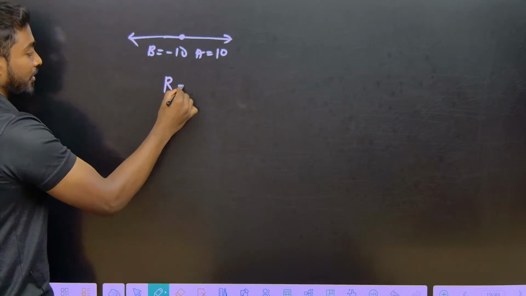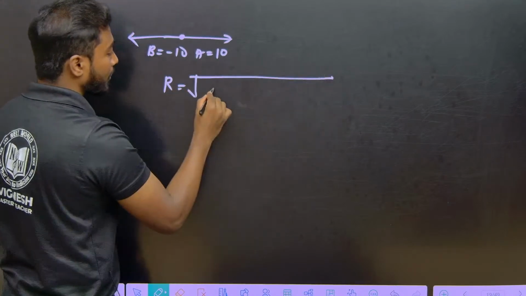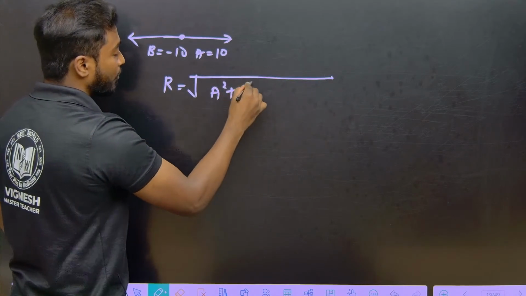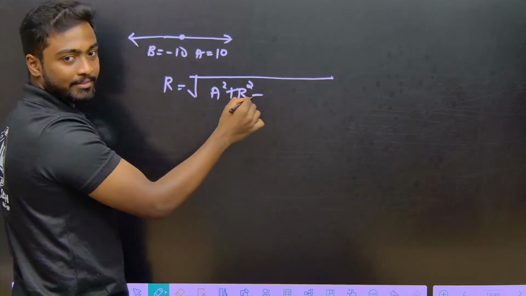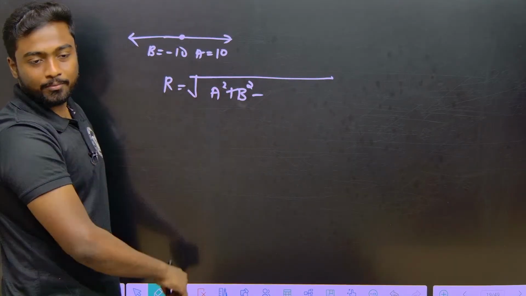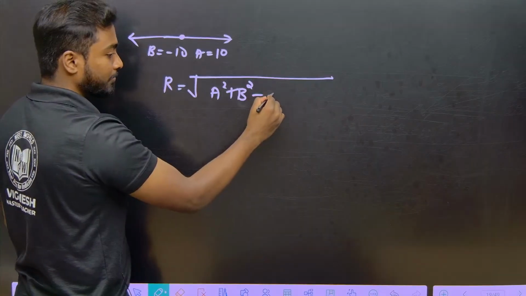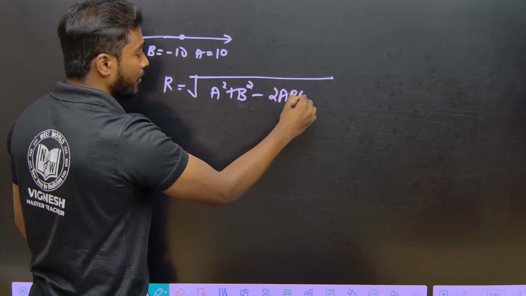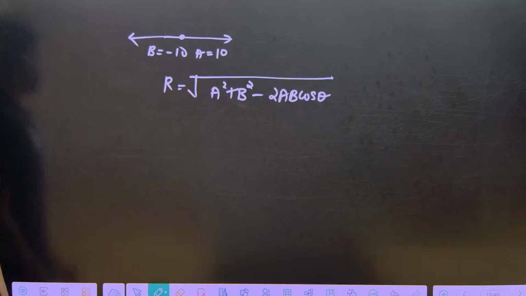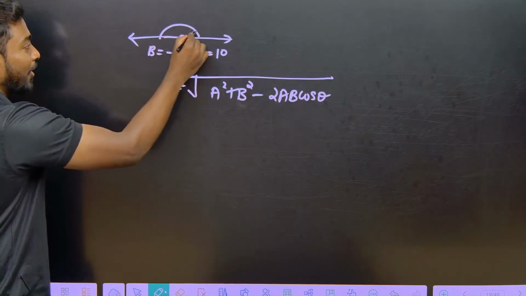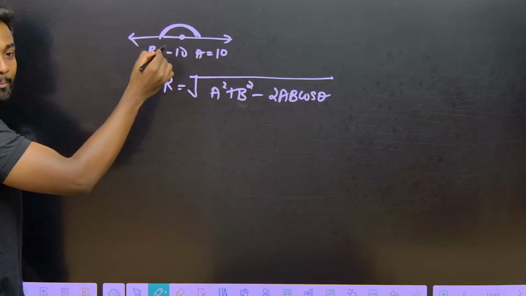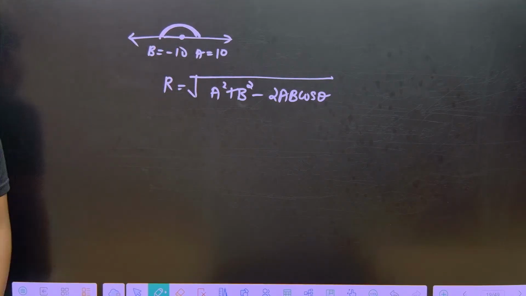So resultant is nothing but root over A square plus B square minus, plus in opposite direction, no, minus 2ab cos theta. Now both are opposite direction, angle made between them is 180 degree. What is cos 180?